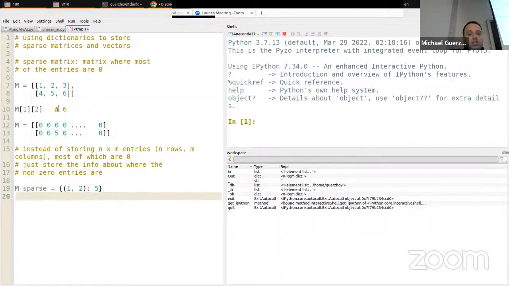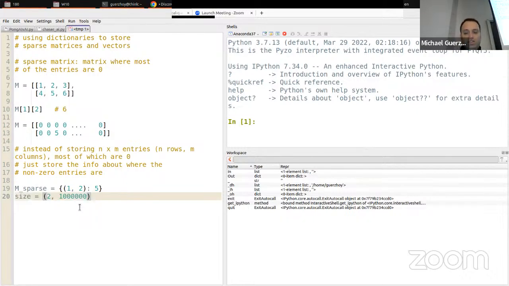So the size is whatever: definitely at least 2 rows, and at least 3 columns, but it could be extremely large. That would take a lot of entries to store using a list of lists. But here we just have this one entry, and then we know that the size is this much.